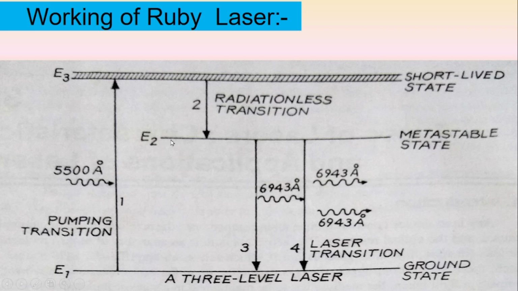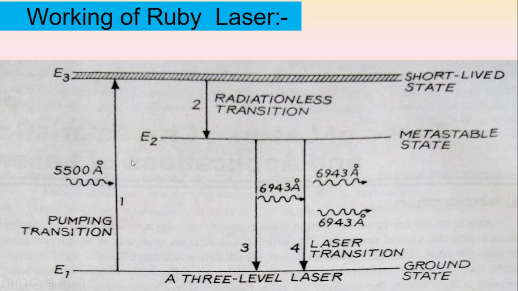This is the energy level diagram of ruby crystal. That means it is the energy level diagram of chromium ions. This is the lower energy state, or ground state, this is the metastable state, and this is the excited state, also called the short-lived state.